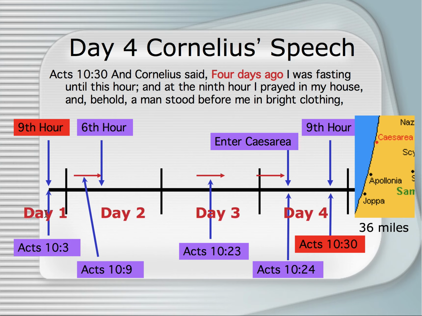We must understand what Cornelius is referring to and recognize that what we say are 3 days, Cornelius is describing as 4 days. And whenever we see Bible writers refer to the part of a day, they call that 1 day. So what we call yesterday, Cornelius would have said 2 days ago. Any part of a day is a day.